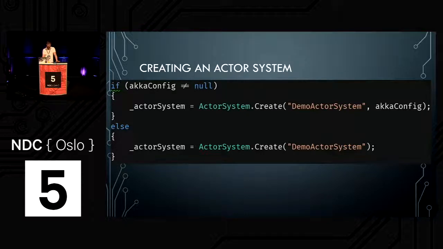You can use the application settings.json if you're using ASP.NET Core, but you'll have to write a little thing in between there, which we've done in our project, to get it to work, because that isn't supported out of the box, but I'm sure that will come in due time.